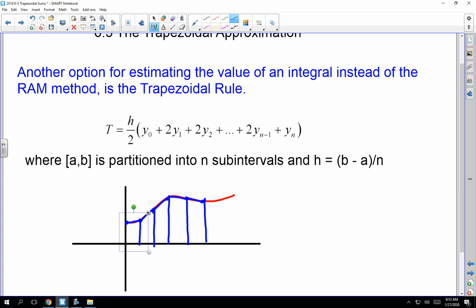Here's y1 right here. Here's y naught straight up here. You don't double y naught. That's base 1 of the very first trapezoid. And then over here would be y sub whatever n is. But each of these, y1, y2, y3, y4, I guess this would be y5 in this picture, each of these needs to be doubled, because it's the bottom of the previous one and the top of the next one.